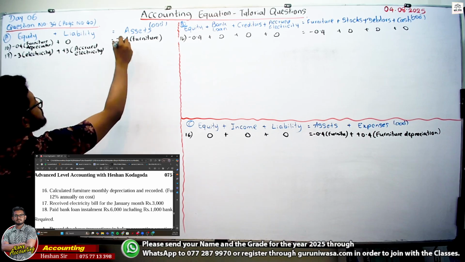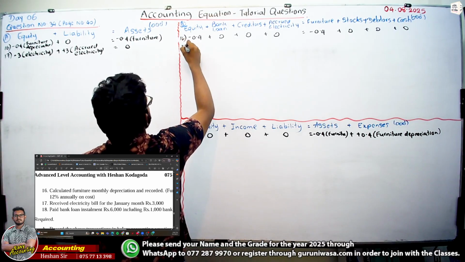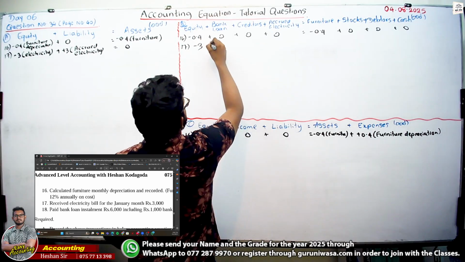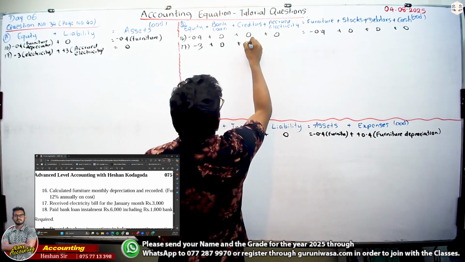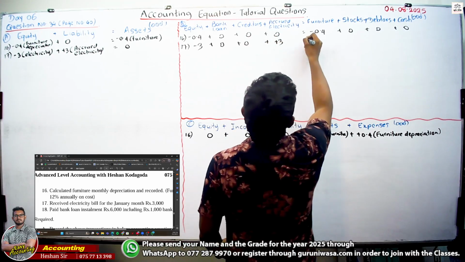No cash inflow or outflow. Equity decreases 3,000, accrued electricity increases 3,000.